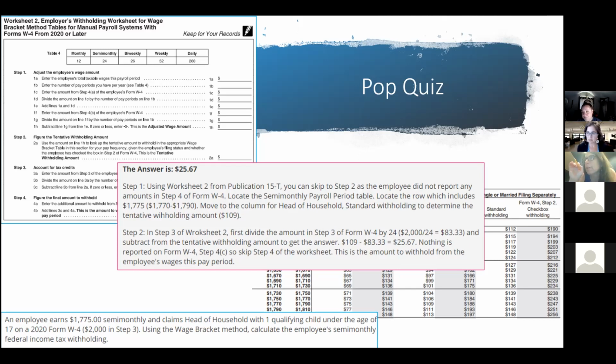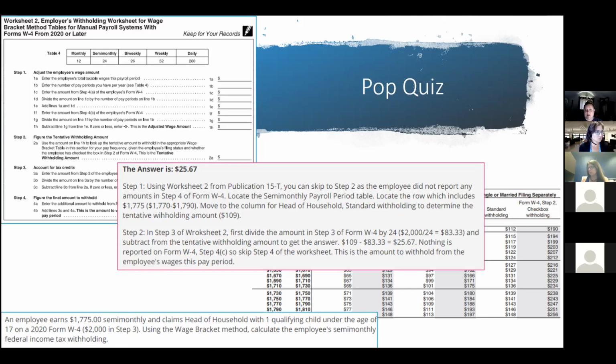Yeah, thanks. So just to confirm, they gave us enough detail that we didn't have to annualize it. Correct, yes. And they gave us the wage bracket method, which had it at a per pay period amount. So the percentage method, I guess, is where they do the annualization, and that's more common.